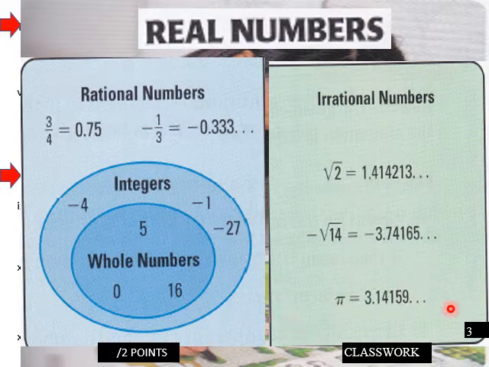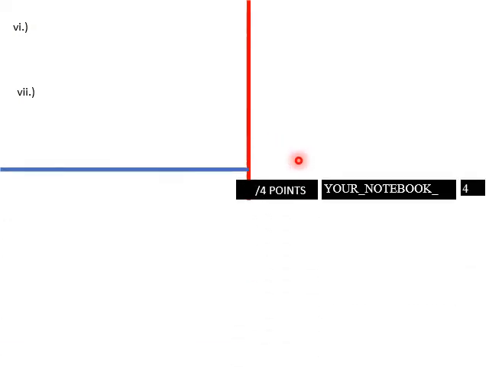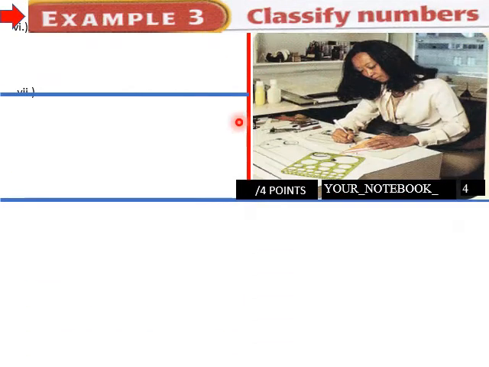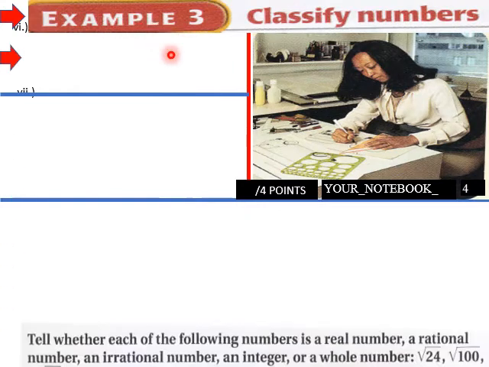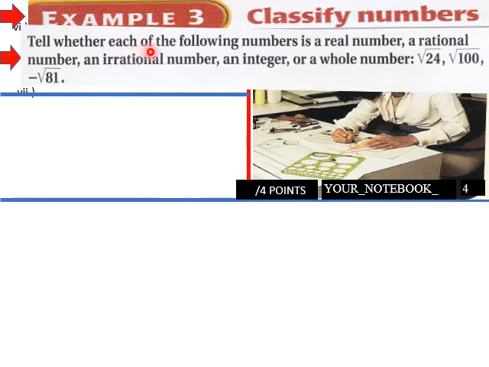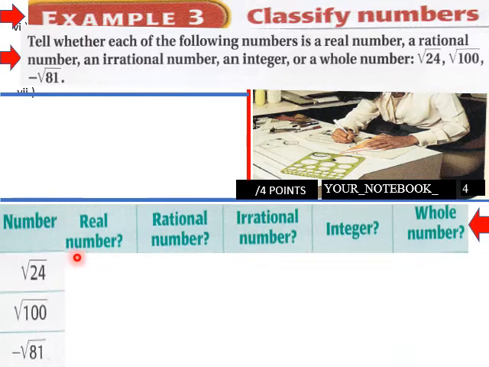So you got 2 points here on page 3. With that in mind, we got page 4, this goes into your notebook, classifying numbers. Tell whether each of the following numbers is a real number, a rational number, an irrational number, an integer, or a whole number. So you got the square root of 24, the square root of 100, and negative square root of 81.